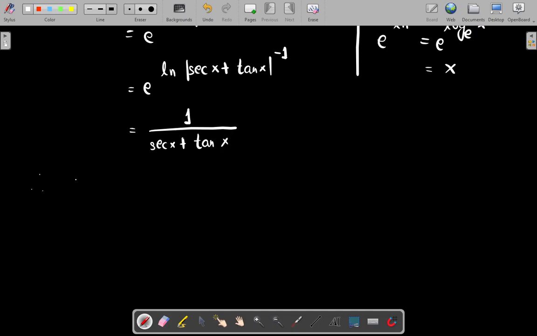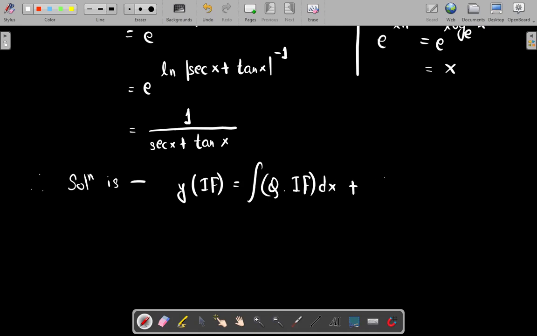So the solution is given of the form y times the integrating factor is equal to the integration of q times the integrating factor plus a constant of integration. So now we get y times 1 upon sec x plus tan x, right?